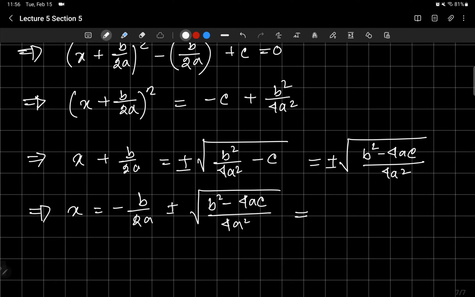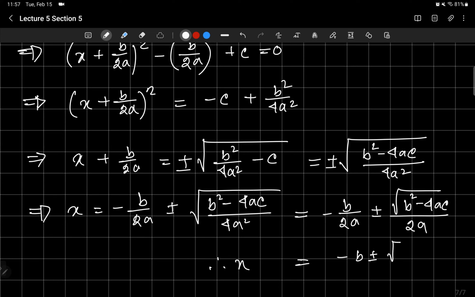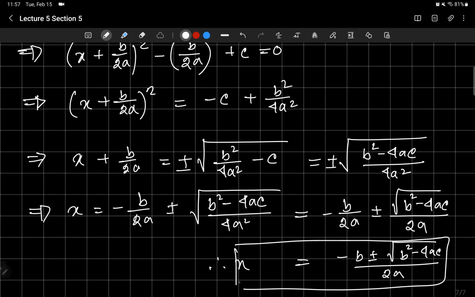And now if you want to simplify a bit more, you can say minus b by 2a plus minus square root over b square minus 4ac divided by 2a, or x equals to minus b plus minus square root of b square minus 4ac divided by 2a. That's it. That's the root of your quadratic equations.